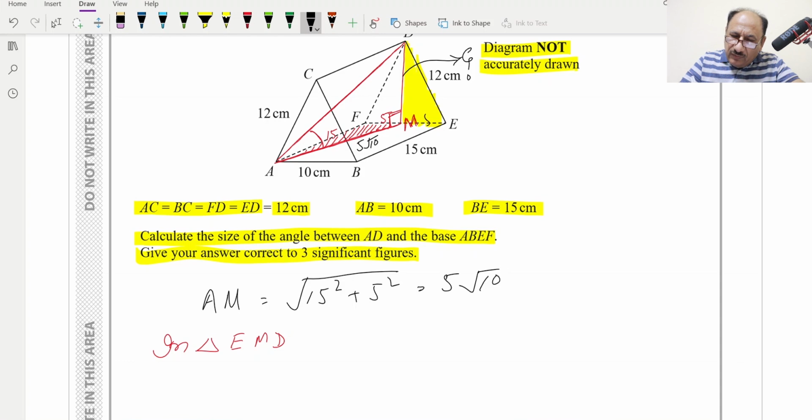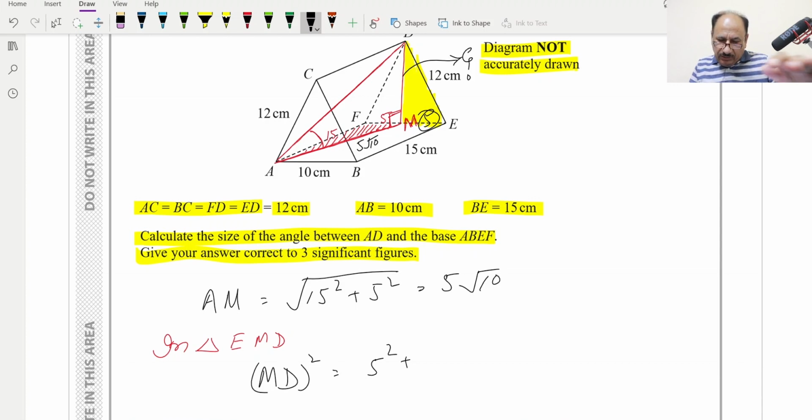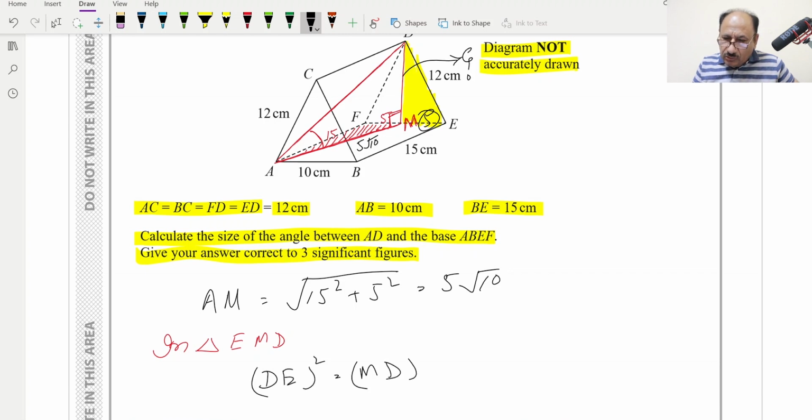We can write MD square is equal to 5 square plus... no, this one, we will write 12 square, or DE square is equal to MD square plus ME square. This is by Pythagoras theorem.